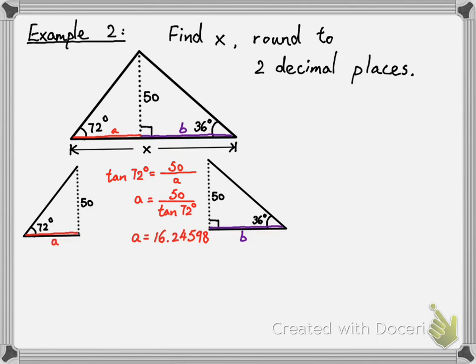Now we are going to find side B, for which trig function of the angle will use the opposite side and the adjacent side. That's right, it is tangent. So tangent of the angle 36 degrees equals opposite side, which is 50, over adjacent side, which is B. Now we multiply across to solve for B. B equals 50 over tangent of 36 degrees.